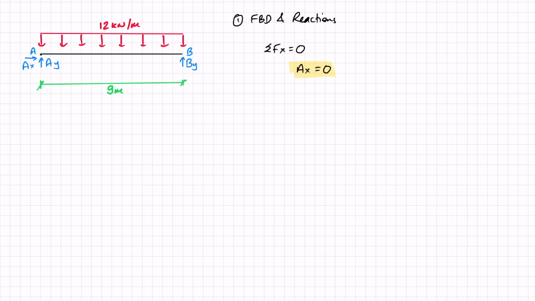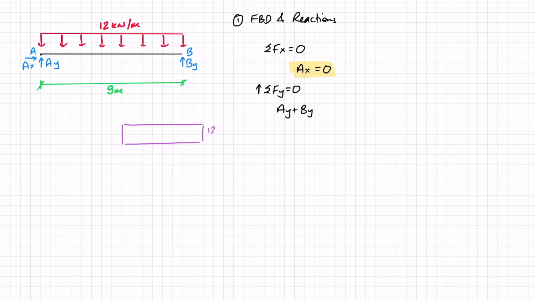I'm now going to move on to forces in Y, with this being my positive Y direction. So here I've got AY plus BY, and then I have the force from the UDL, the uniformly distributed load. Now for any distributed load, the resultant force from that load is always going to be the area under that load. So for us here, we've got a load that is rectangular.